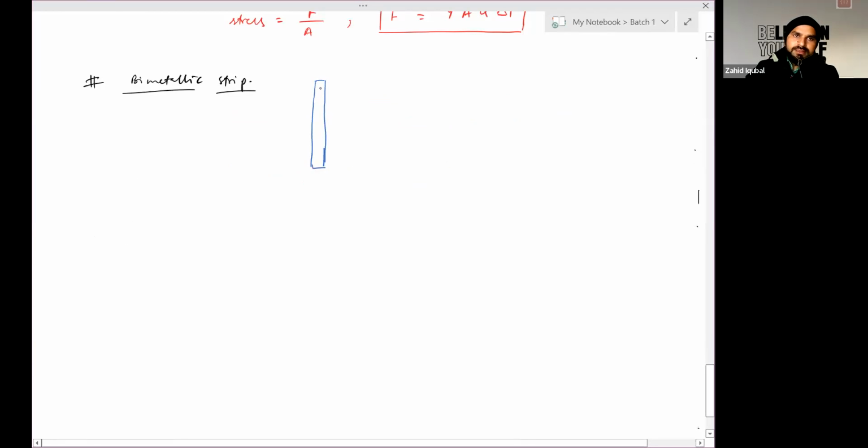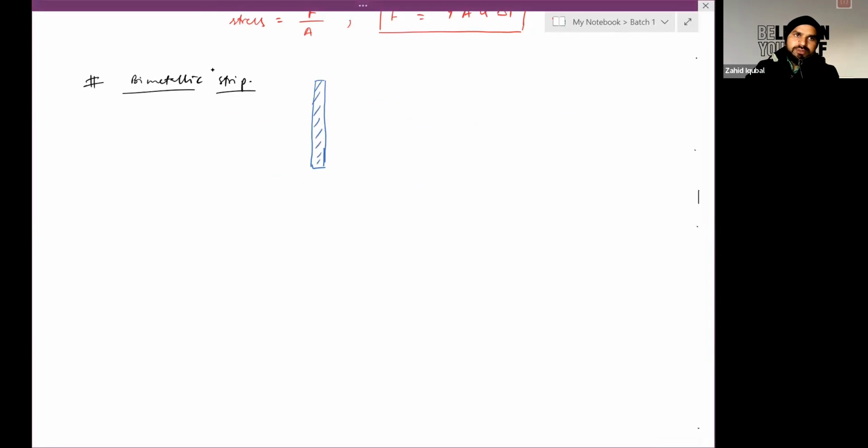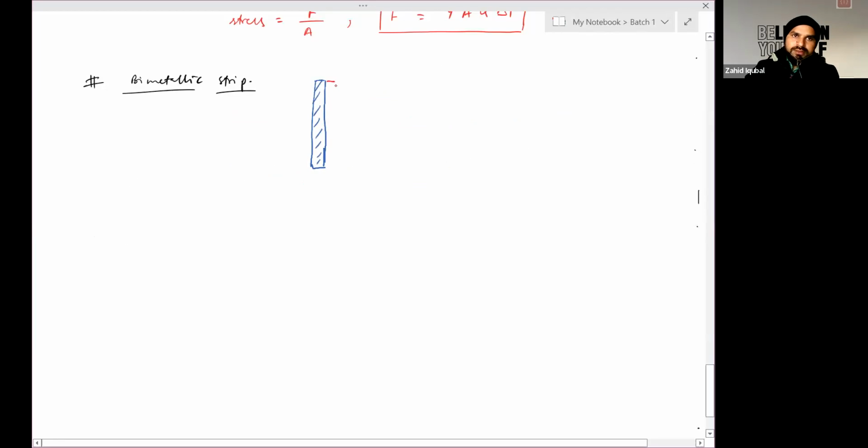Let's say this is one rod joined side by side to another rod, this. So this may have some alpha 1, alpha 2. I'm considering alpha 1 is greater than alpha 2.